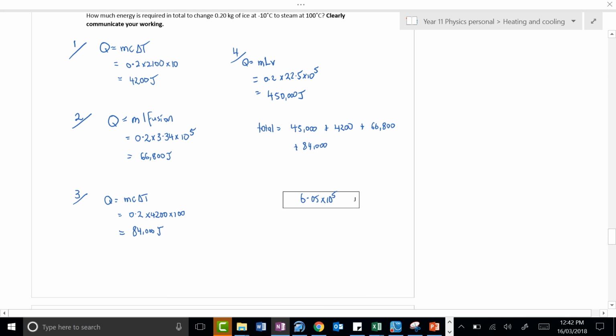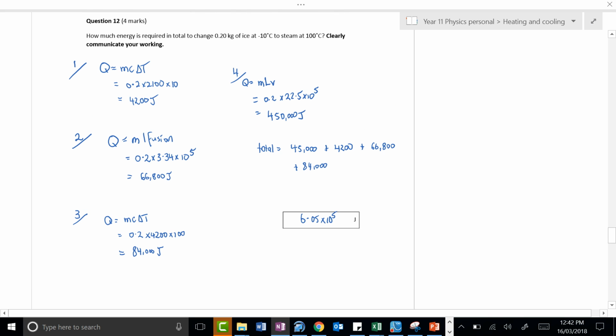So we had 4 calculations. The first calculation over here is for the heating up of the ice from -10 to 0 degrees, at the point where it's going to change state. Not a great deal of energy there, 4,200 joules. Make sure that you're using the heat capacity of ice, 2,100, and not the heat capacity of water as a liquid.